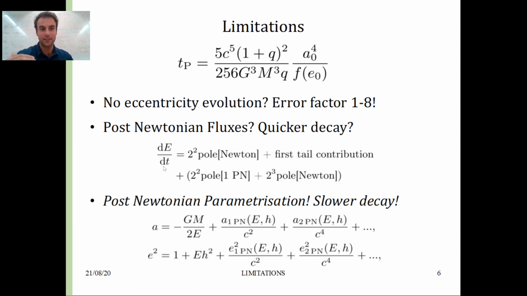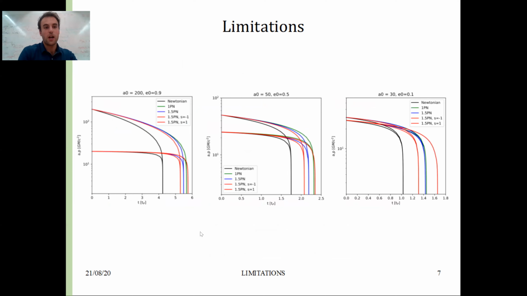Well, you have to add higher order multipole radiation, but also you have to update the parametrization, because this formula that the semi-major axis is 1 over the energy, it's not true in GR, it's just an approximation. And so you have to add the next leading orders to it. Here I show basically some examples.